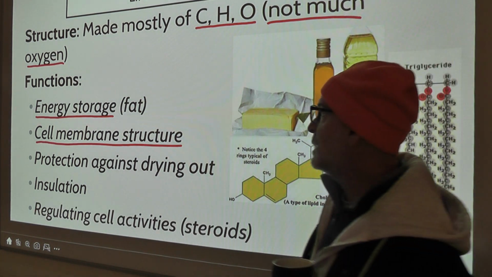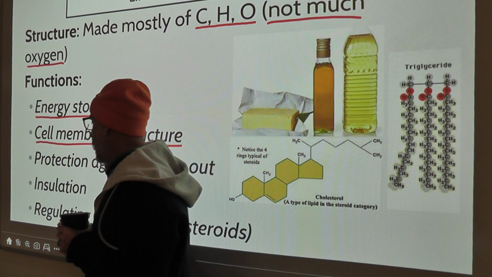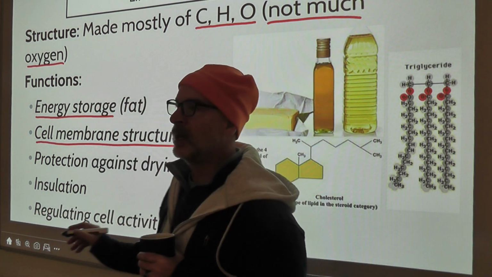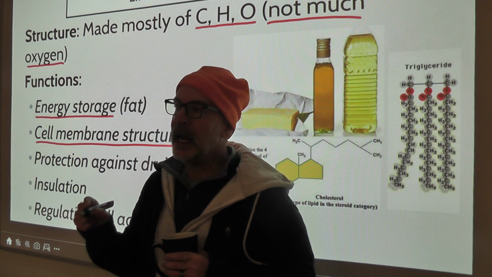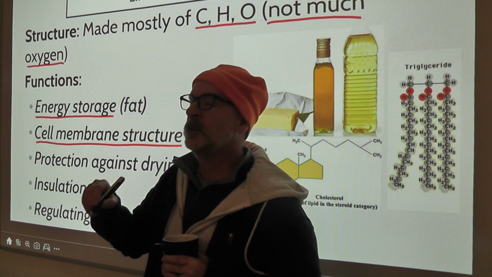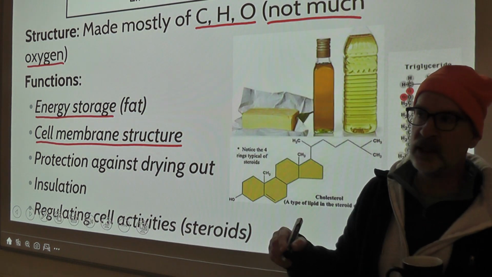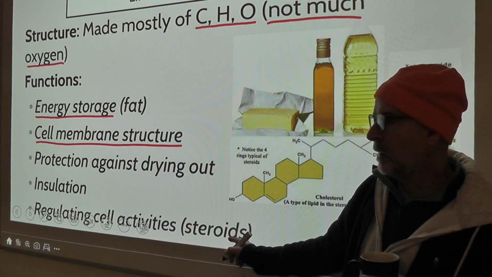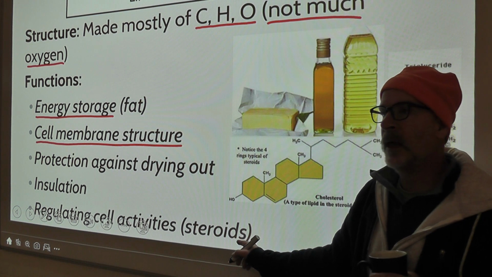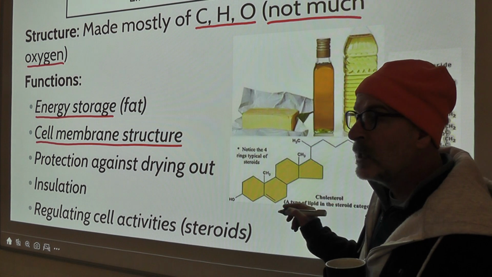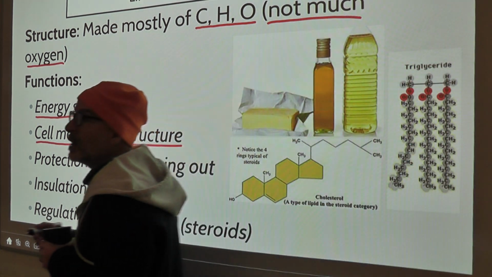Okay, and then the last thing that lipids do in terms of function is they can regulate some cell activities, and primarily that has to do with signaling molecules called hormones or steroids. So hormones can be proteins. Steroids are a type of signaling molecule that's made from lipids. And so cholesterol is one, testosterone is one.